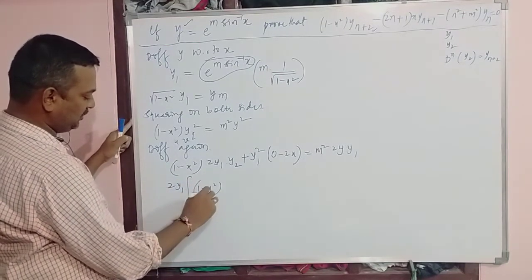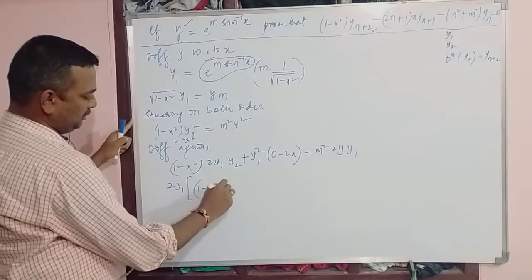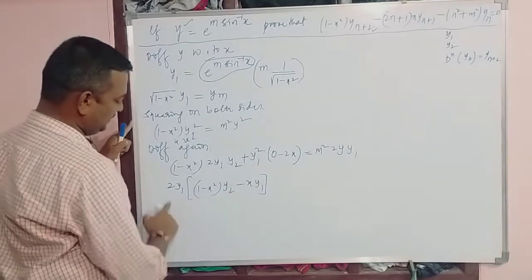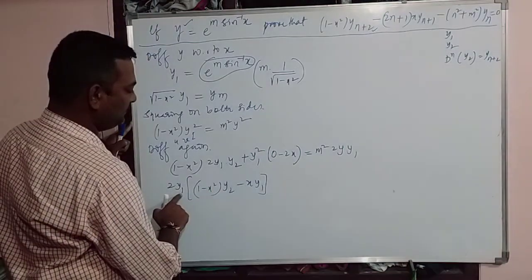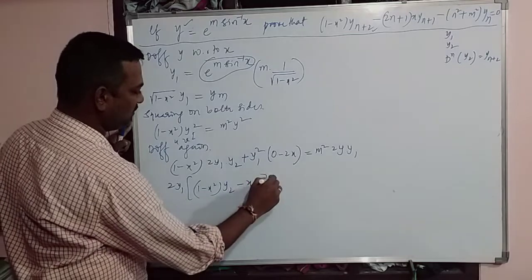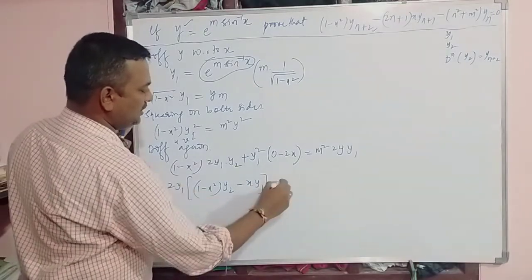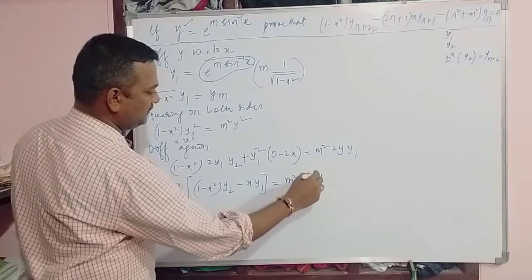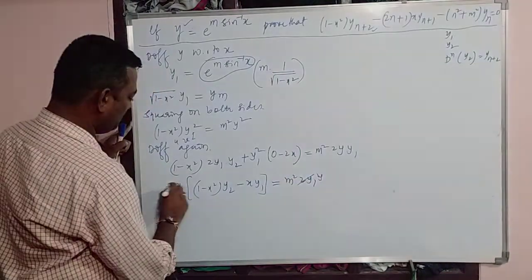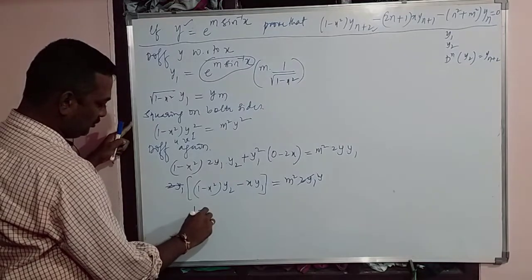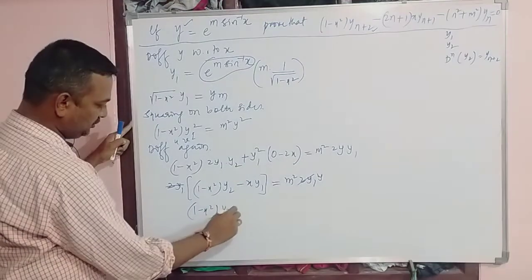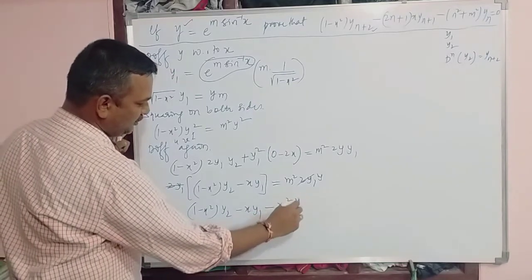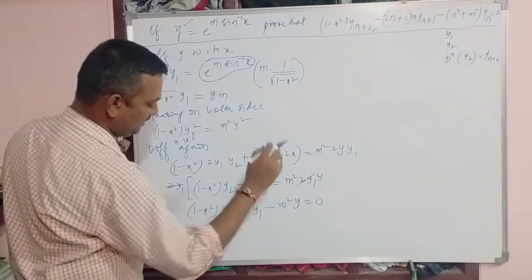So (1 minus x square) into y2, remaining minus x y1, 2y1 into y1 square is equal to m square into 2y1 y. 2y1 gets cancelled. So (1 minus x square) y2 minus x y1 minus m square y equal to 0. Bring this term to the left side.